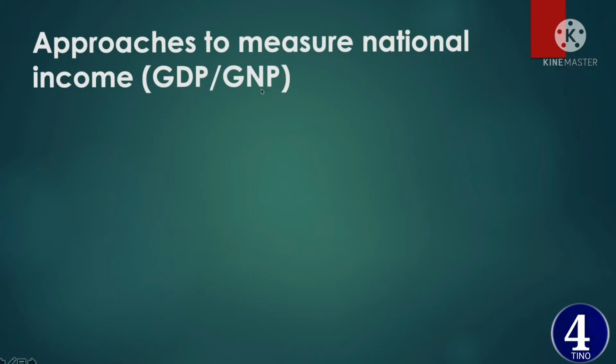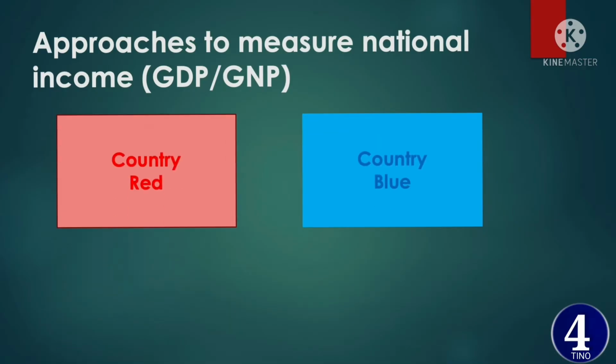Before getting into the detailed definition and explanation of GDP and GNP, let us briefly explain the basic conceptual differences between GDP and GNP. In order to do that, let's take a two-country example. Let's say that we have two countries, country red and country blue.